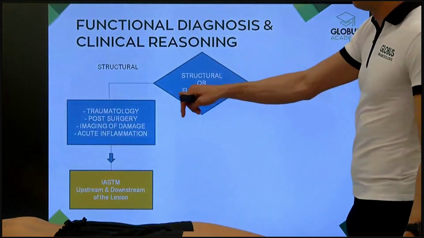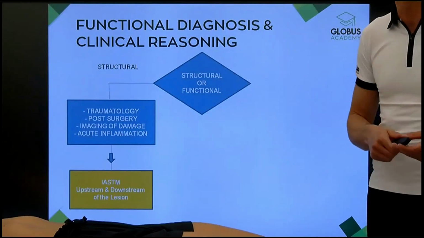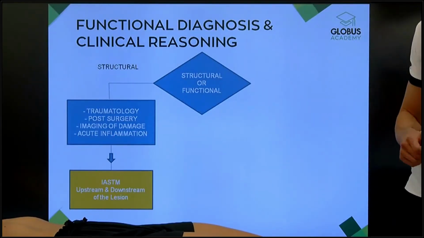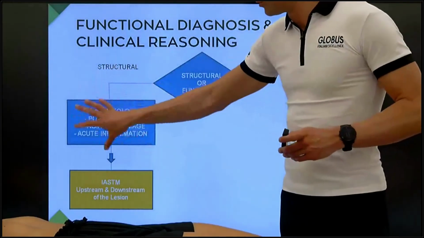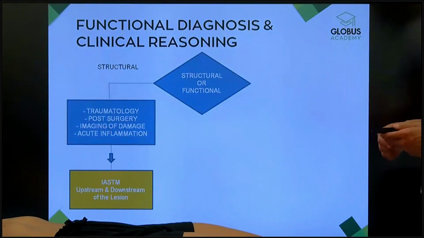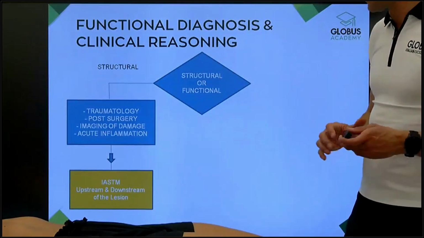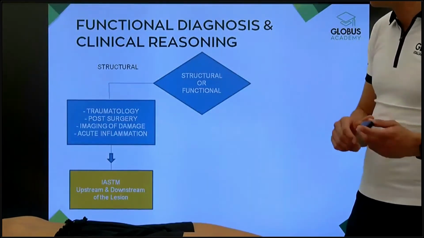On the other hand, if we're speaking about functional, it's not so easy to find something on an MRI, for example. So in this case, we are more related to acute inflammation, acute injuries. In this case, the technique is to treat upstream and downstream of the lesion.